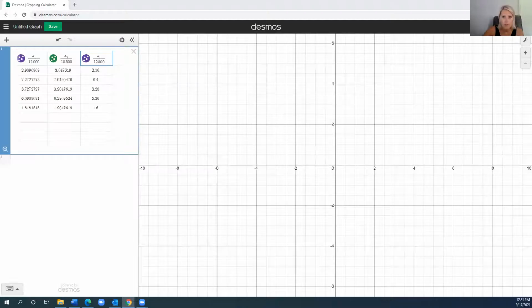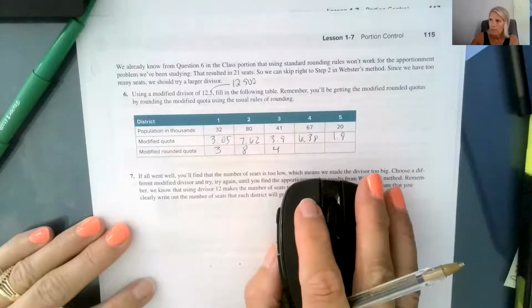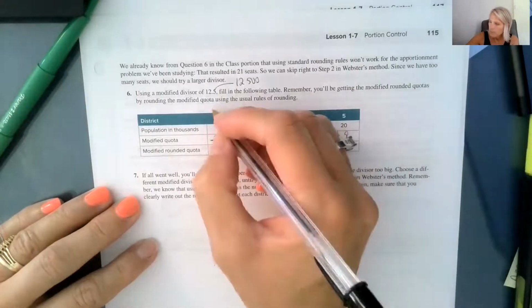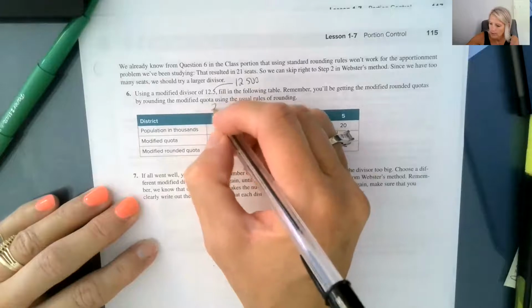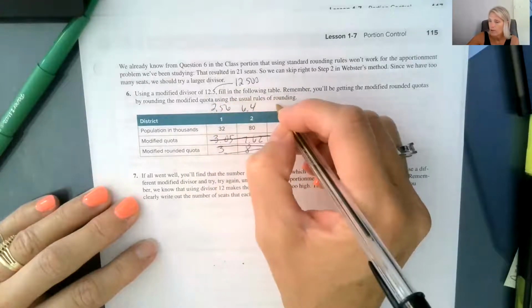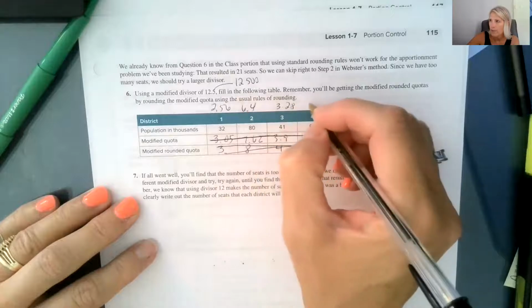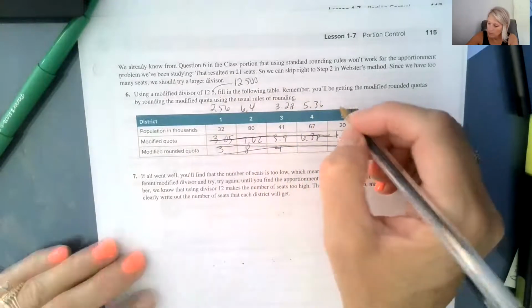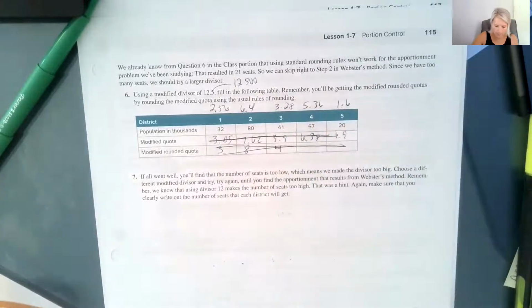I need to make sure that you all have that corrected. So these are not correct. I'm going to write them up here. It's 2.56, 6.4, 3.2. Hey, I apologize. 5.36 and 1.6.